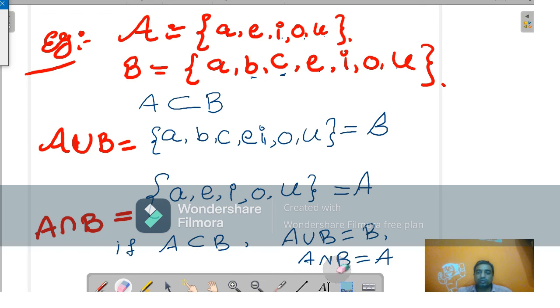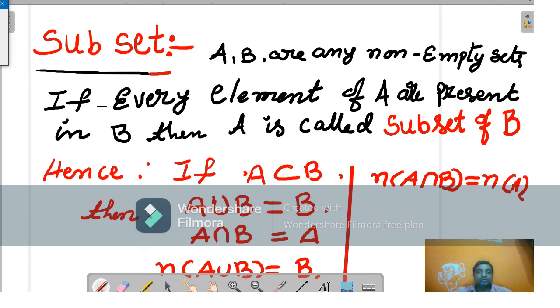So from the above examples, if A is a subset of B, then A union B is equal to B and A intersection B is equal to A. Now the number of A intersection B is the number of A, because A intersection B is A.